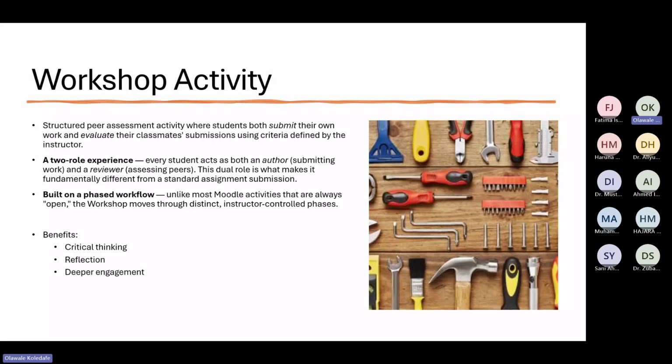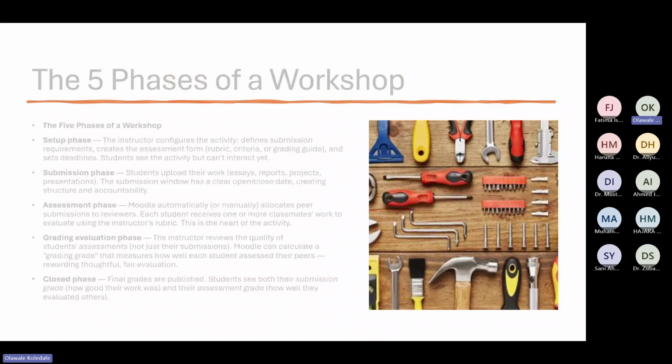Maybe that can also be a dimension to learning, and then giving opportunity for reflection and also generating deeper engagement for the learners. So when we want to set up a workshop, there are 5 stages in going about this.